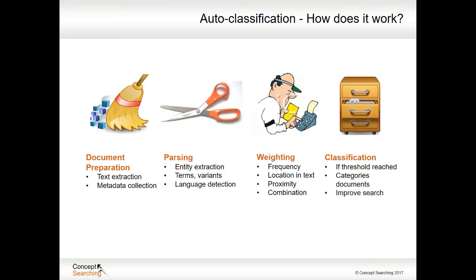The core functionality of ConceptClassifier can be broken down into four key stages. The first stage is the document preparation stage, which focuses on extracting the largest amount of data possible from the document, with the simple logic that the more data we have to work with, the more accurate our auto-classification can be. The second stage takes the data, creating a statistical analysis of the document to extract the natural language.